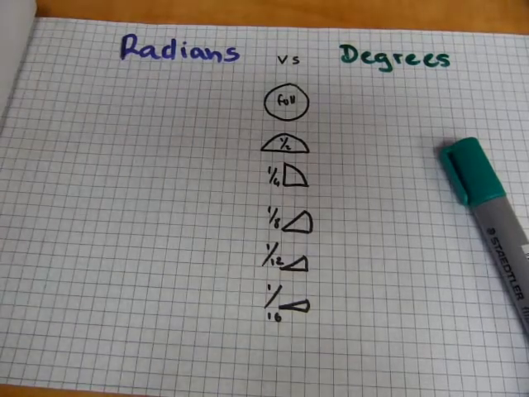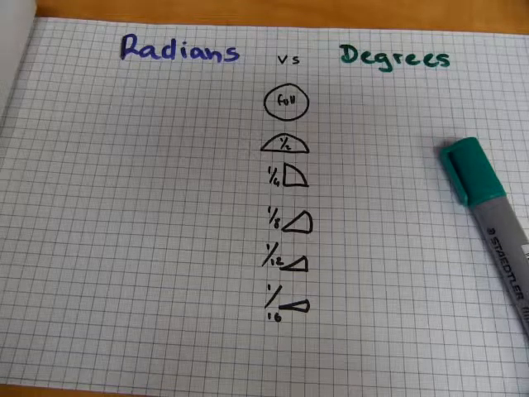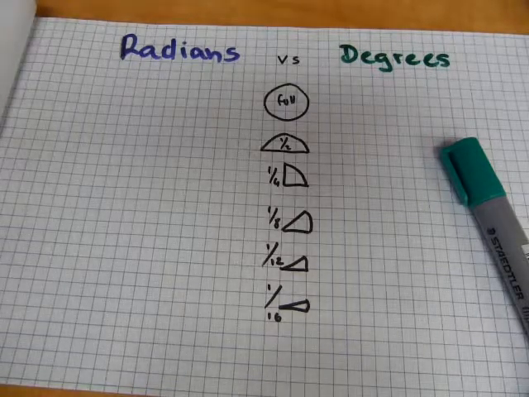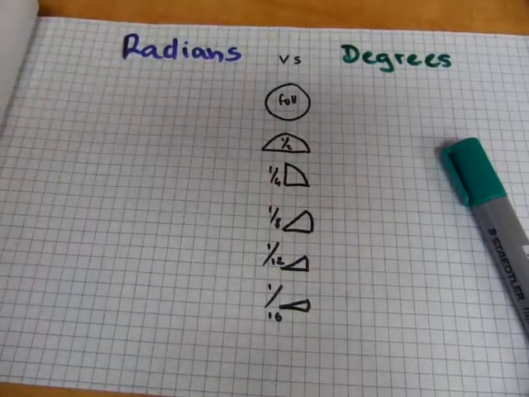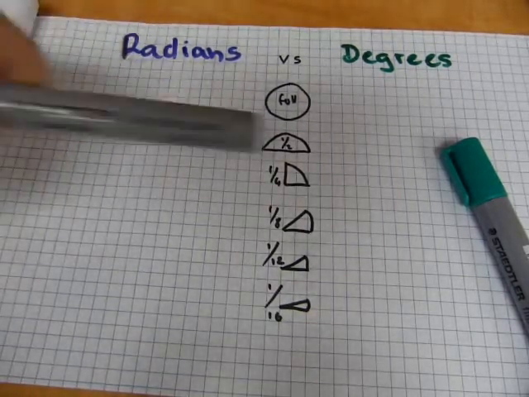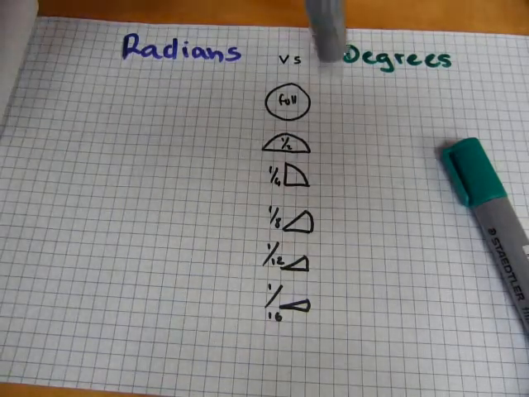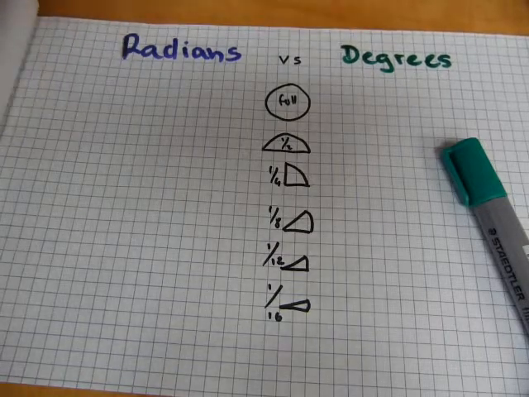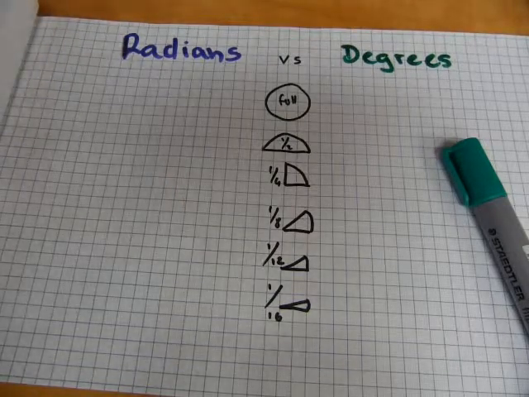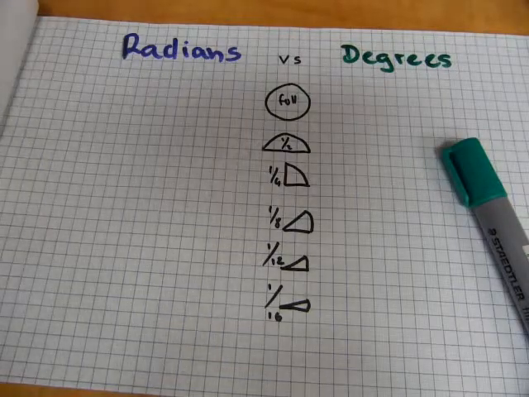Radians and degrees are both units of measurement for measuring the size of angles. Technically, radians are the standard for the metric system, and degrees are an allowed or tolerated one, because degrees work in multiples of 60 and the math gets a little tricky with degrees, minutes and seconds.